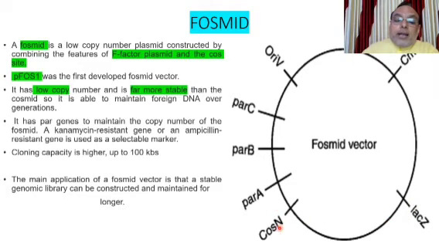And here we have the cos site, here the partition sites, parA, parB, parC. So these sites are for segregation of the dividing phosmid vector.